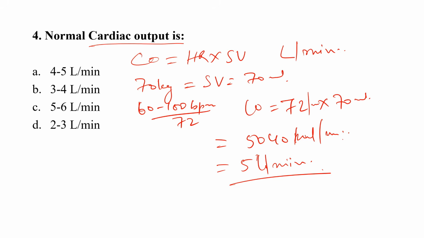So the cardiac output depends on the heart rate of an individual, and the normal cardiac output ranges from 5 to 6 liters. So the correct option here is option C. 5 to 6 liters is the normal range of cardiac output during rest, whereas during activity or in athletes, the cardiac output may be raised due to increase in heart rate.